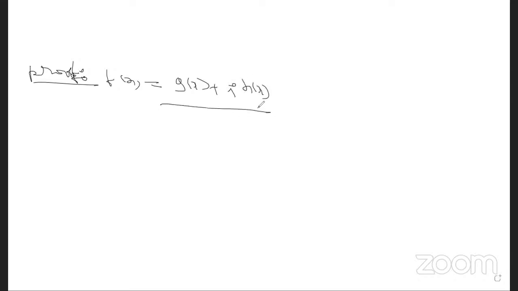So next, proof. We have a little time, so let me try to finish the proof. What is the proof? Orally, I will explain it. So first we observe that by restriction of scalar multiplication to real numbers, the resulting linear space is a real linear space. If f of x equals g of x plus i times h of x, this is nothing but a complex number, like a plus ib.